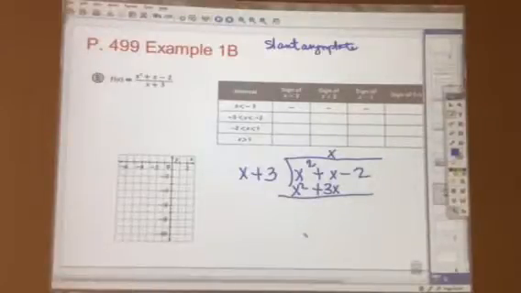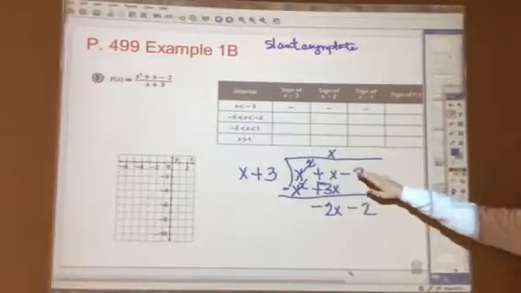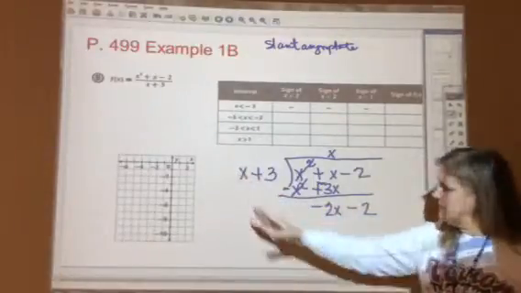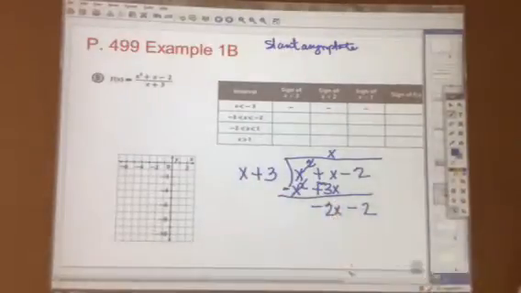What do I do after I distribute that? Change your signs. Make that minus. Make that minus. Those will cancel. Negative 2x minus 2. Because I bring down the last number here. How many times will x go into negative 2x?